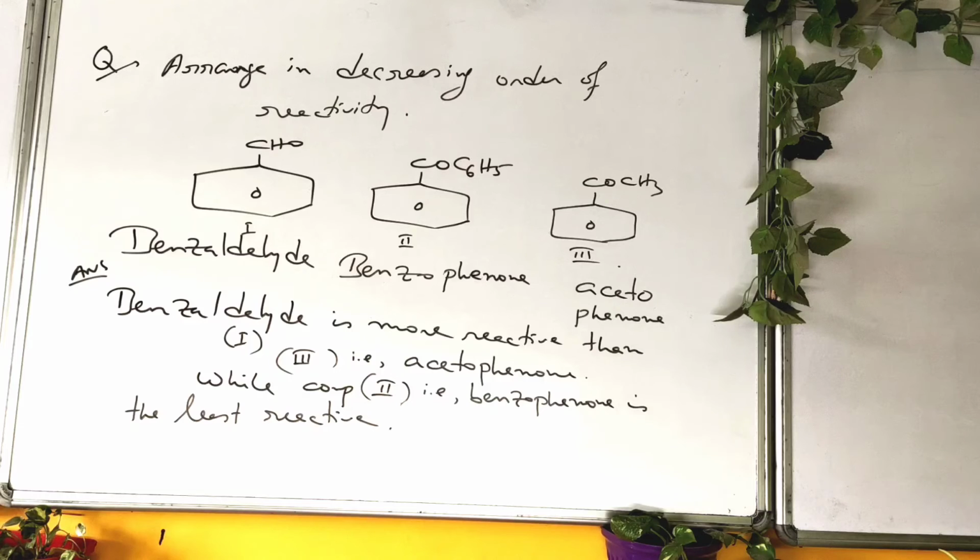So in compound 2, due to the presence of two bulky benzene rings, steric hindrance takes place. So reactivity towards nucleophilic addition reaction decreases. That's why benzophenone is the least reactive. So you have to write the explanation for benzophenone, why it is least reactive. Just mention due to steric hindrance, okay.